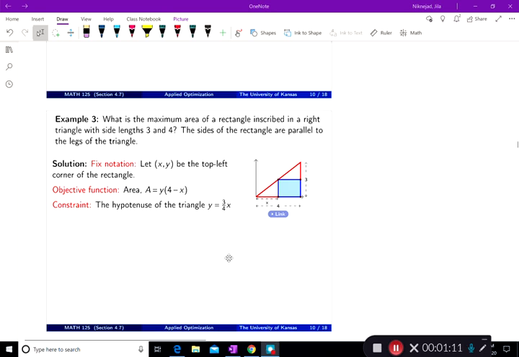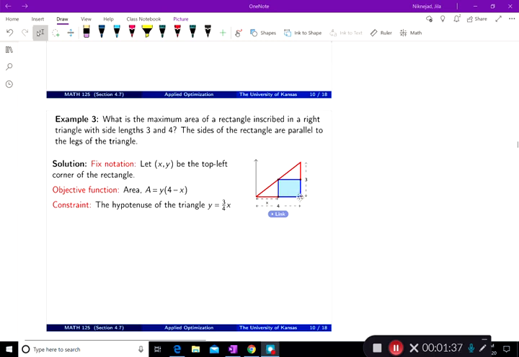So let's have a fixed notation. Let x be the length from this corner of the triangle to this corner of the rectangle, and y be the other side of the rectangle.